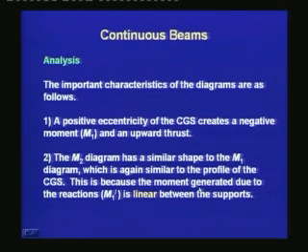This is because the moment generated due to the reactions, M1 prime, is linear between the supports, and hence the shape of the cable profile, the M1 diagram and the M2 diagram are of similar shape.